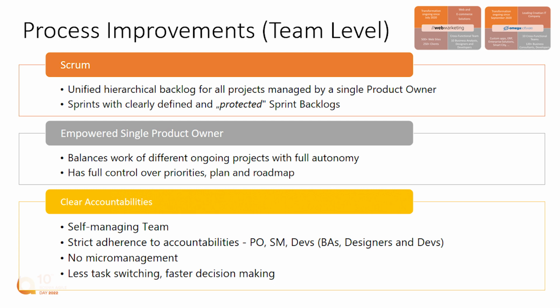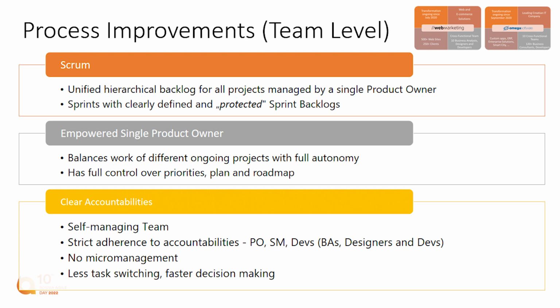And that product owner is the sole person accountable for balancing the priorities between different projects that team works on. So there are no others, and the organization empowers the product owner, so also protects the product owner from possible influences.